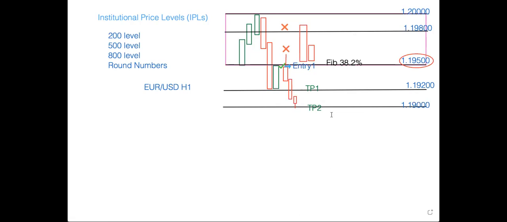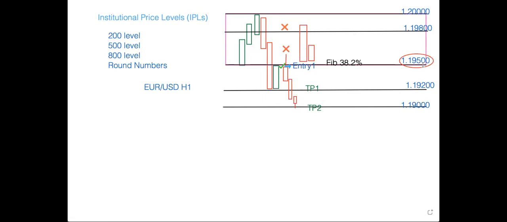Okay, but by the way, it's not always like that. Definitely that Fibonacci level is not always exactly at the same level as the IPL. So this is a point which you have to pay attention to. Sometimes maybe Fibonacci is a little bit above or below IPL, which you can neglect, and you can choose one of them.